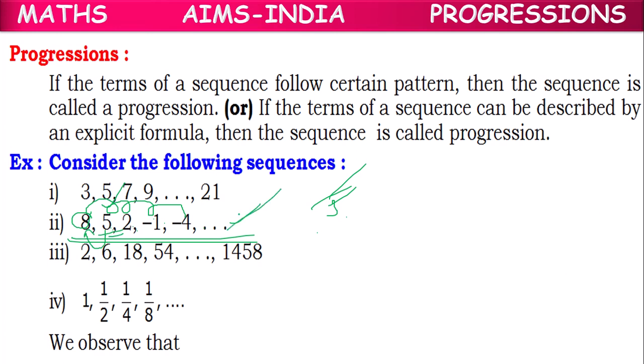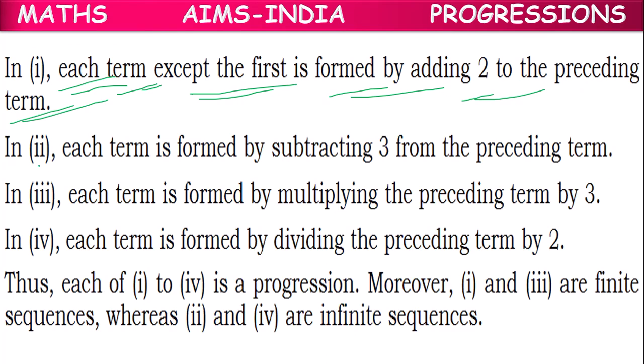That is the relation existing in this sequence. So, as there is one particular relation, this sequence will be considered as a progression. Each term is formed by subtracting 3 from the preceding term.